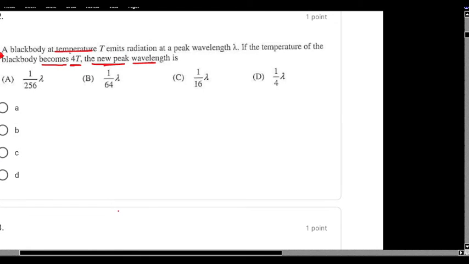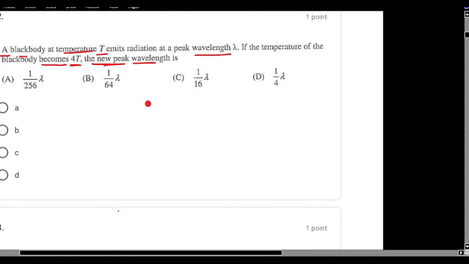A black body at temperature T emits radiation at the peak wavelength lambda. If the temperature of the black body becomes 4 times, they are asking for the new peak wavelength. For this, we are going to use Wien's formula.